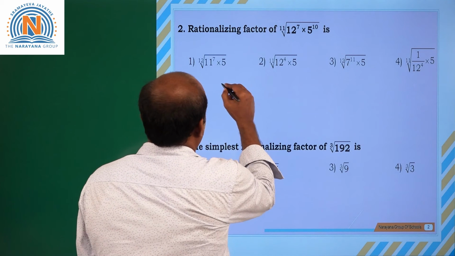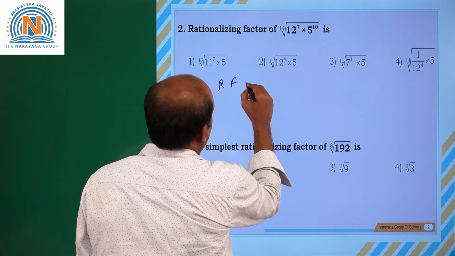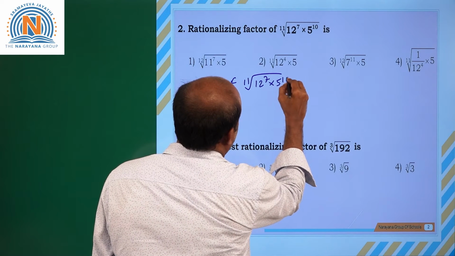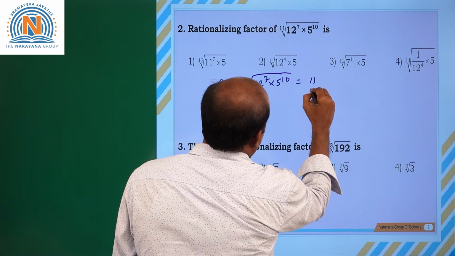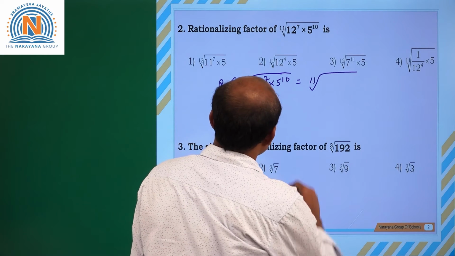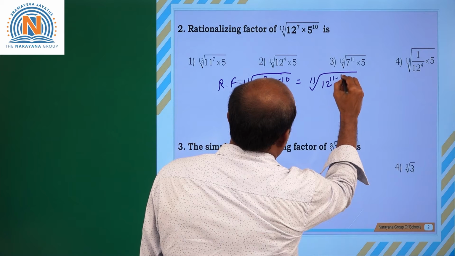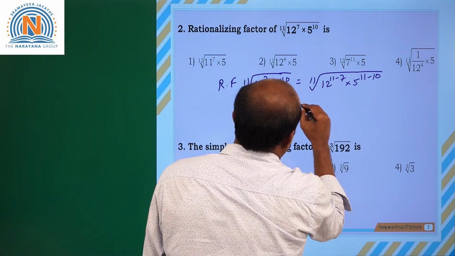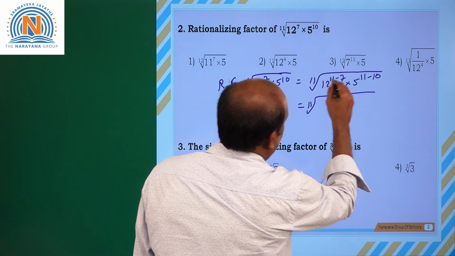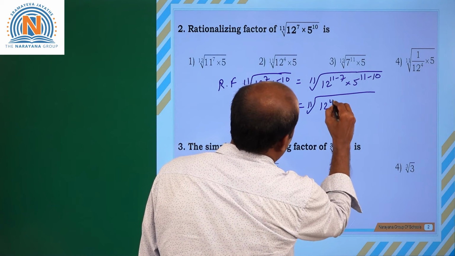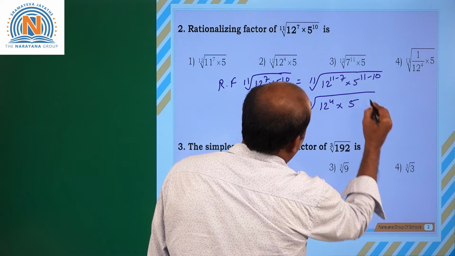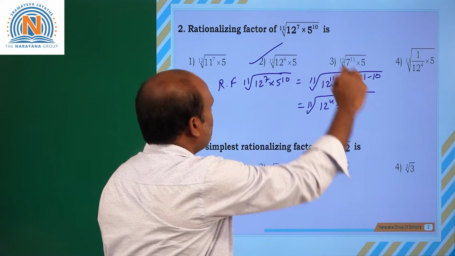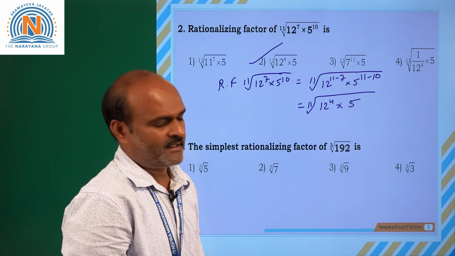The rationalizing factor is equal to 11th root of 12 power 11 minus 7 into 5 power 11 minus 10, that is 11th root of 12 power 4 into 5. So option 2 is the correct answer.